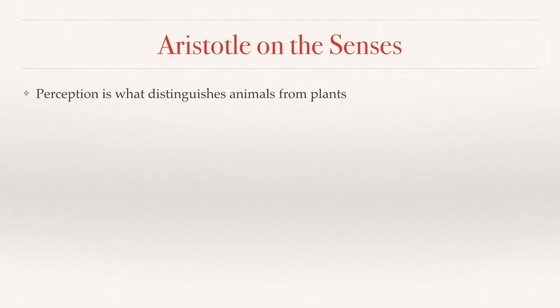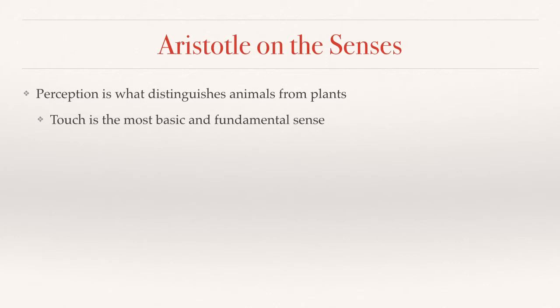And of the five, it seems like he would have claimed that touch is the most basic and fundamental sense. And the reason why I say this is because he claims that it's the sense which every animal has, right? Even lowly creatures like sea slugs and so forth have the capability of sensing their environment by contact.